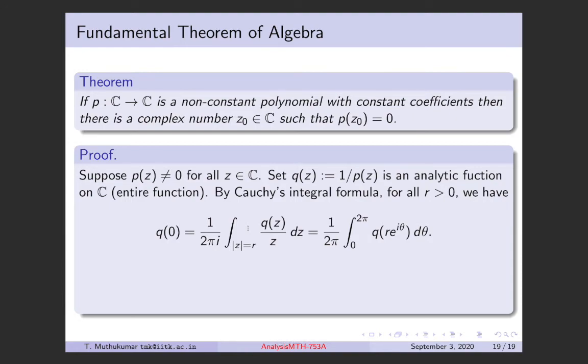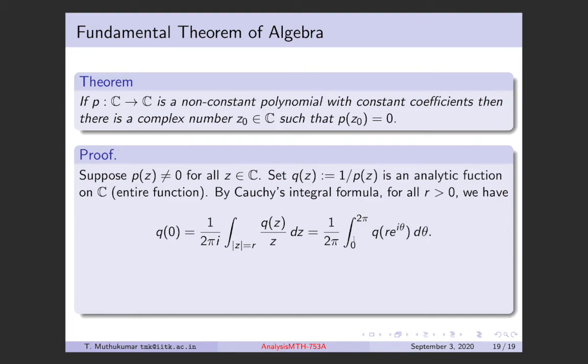So this becomes 1 over 2 pi times the integral of q(r e^(i theta)). Here we have used that there is a z which is r e^(i theta), and a dz which is r i e^(i theta). The r and r cancel, the i and i cancel out, and the e^(i theta) also cancels out. So what remains is just this, and the limits of the integral are now in the theta variable.